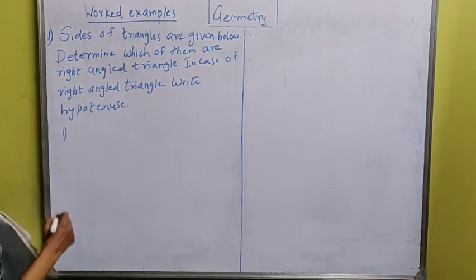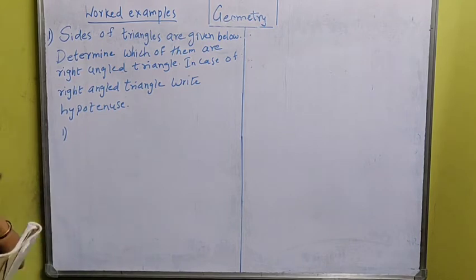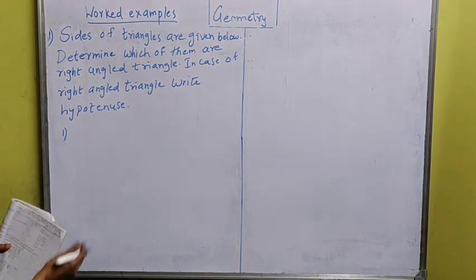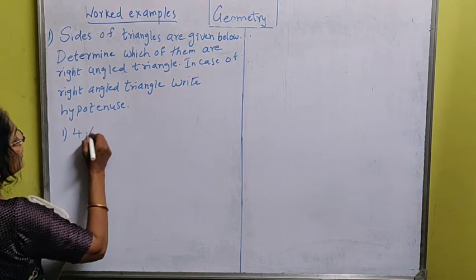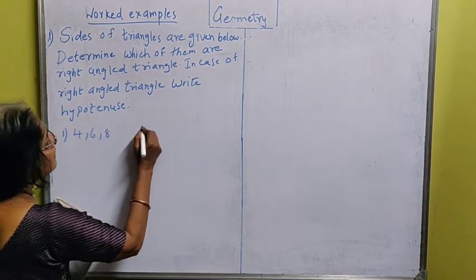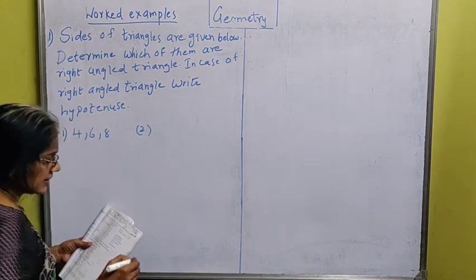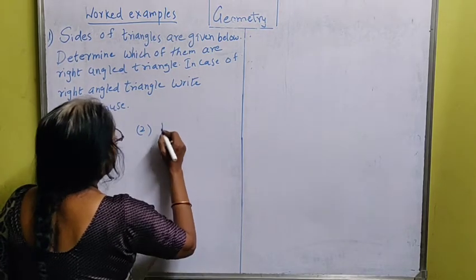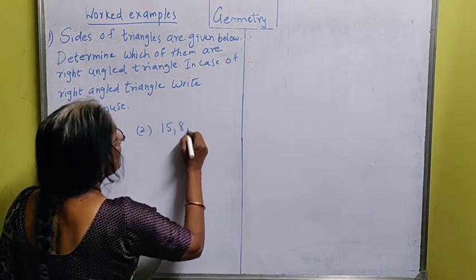So, 4 pairs of sides of triangles are given. First is 4, 6, 8. Second one is 15, 8 and 17.